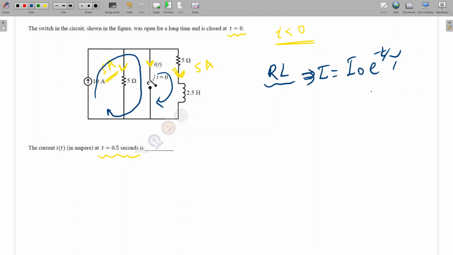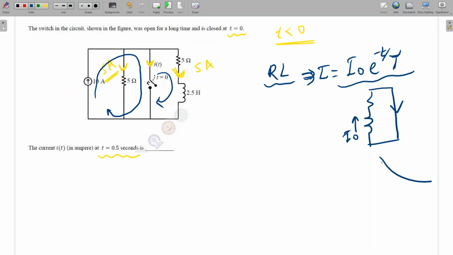It means that if an RL circuit is there and it is shorted, and the initial current is given, we can write the equation as I is equal to I naught e to the power minus t by tau. So it will be a decaying kind of current. So this will be that circuit, and then this current will flow in this one.